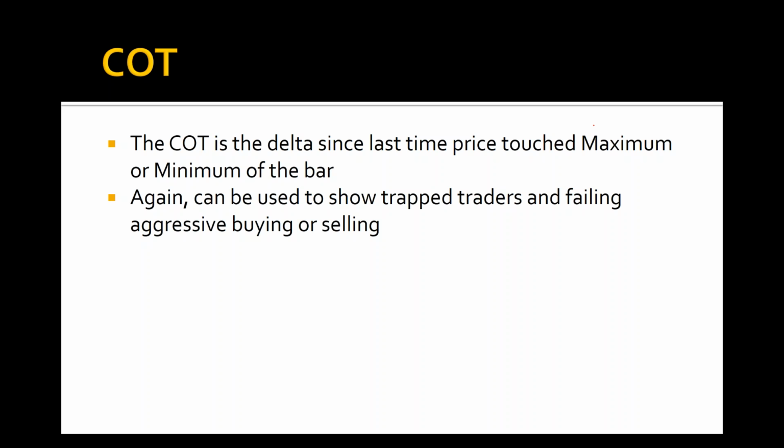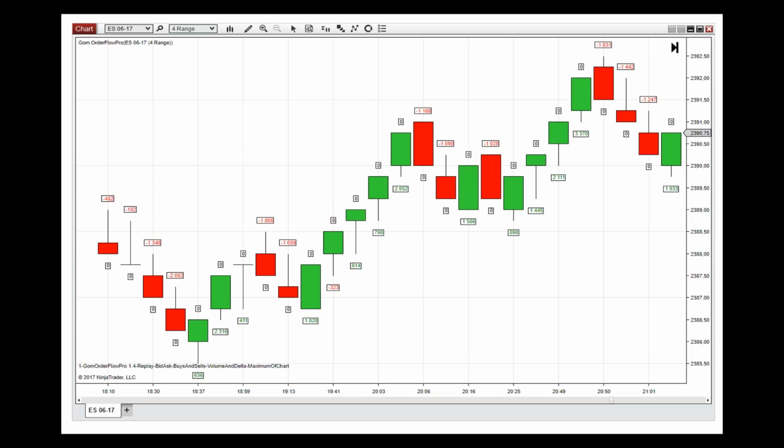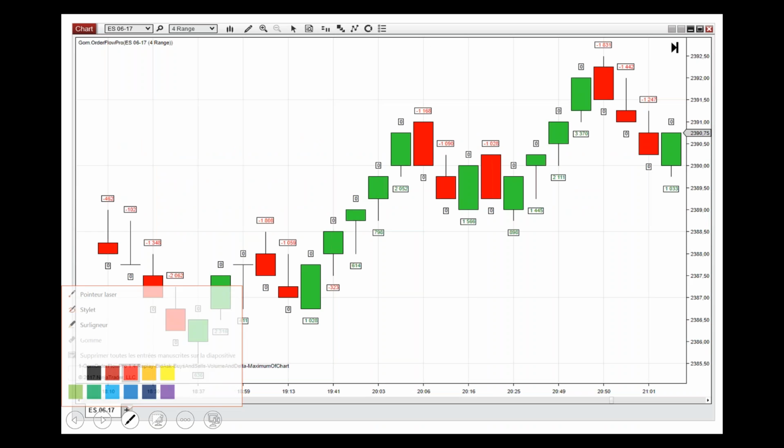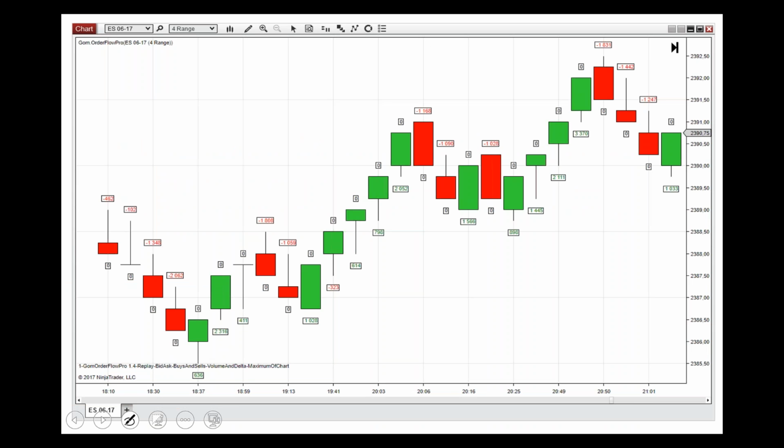Now the same kind of charts with the COT. The COT, like the delta finish, can be used to show trapped traders and failing aggressive buying or selling. Let's look at this chart. On the normal bars we have negative delta at the top, because it's all the delta needed to bring the price from the top of the bar to the close.